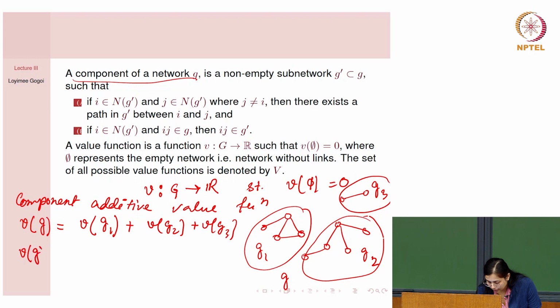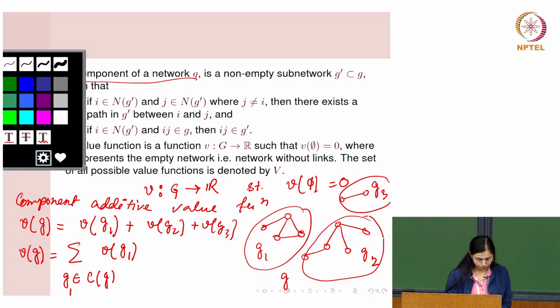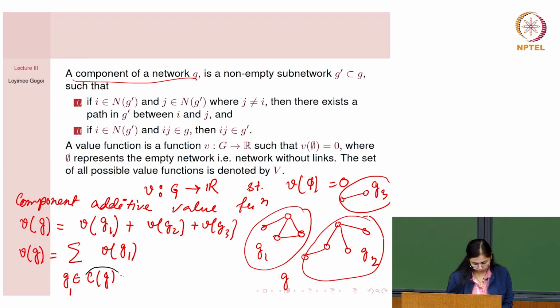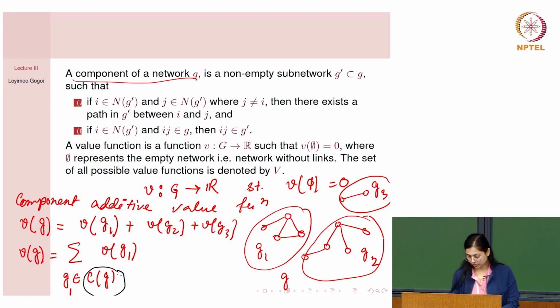Let me write the general definition here. C of G is the set of all components of G. So here we have 3 components, G1, G2 and G3.